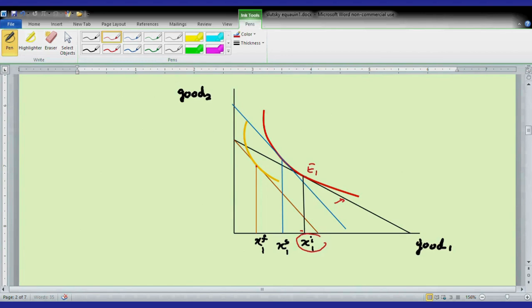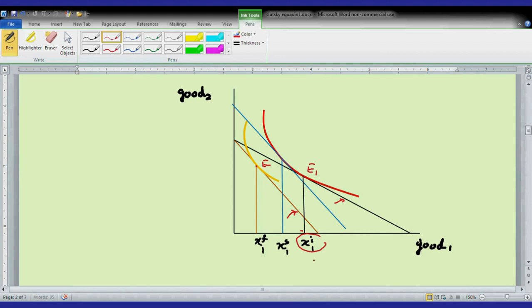Then the price of good 1 increases, so that the new budget constraint, with a higher price of good 1 and with the same income level and same price of good 2, is this brown one, and on this new income constraint, the tangency condition is satisfied at E2. So this is the optimum point after the price change, and at this optimum point the household is consuming x1f units of good 1.